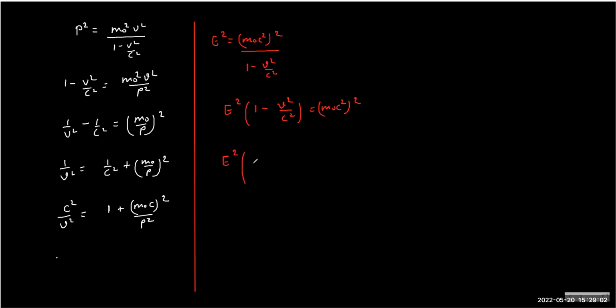So if we substitute the value, it becomes 1 minus p square by p square plus, like this.